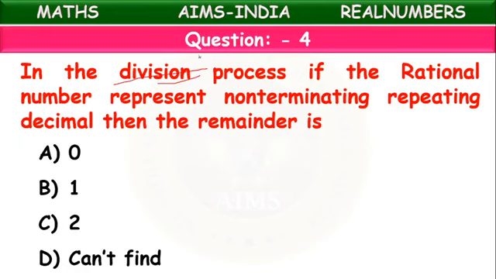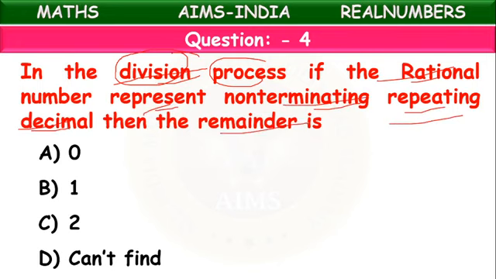Next here, in the division process, if the rational number represents a non-terminating repeating decimal, then the remainder is, we can't tell.